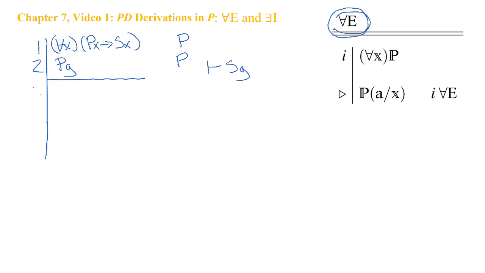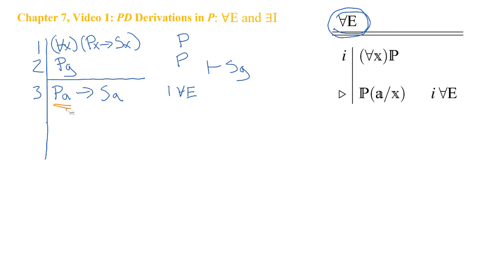So what it allows us to do is to remove that universal and write out the internal formula, replacing the x's with any constant we want. We could in fact replace them with a's here. There would be nothing wrong with that, and it would be coming from 1 by universal elimination. But this doesn't really help us very much because line 2 doesn't actually match the antecedent of line 3, so we can't go any further with line 3.